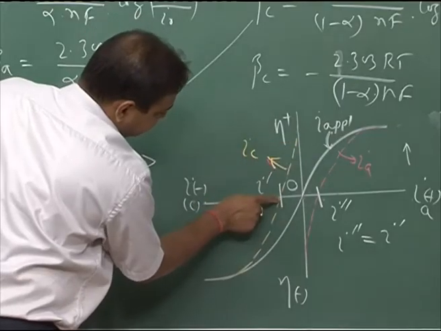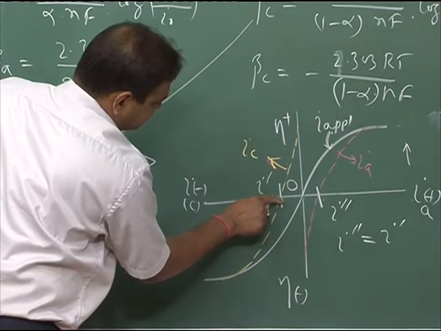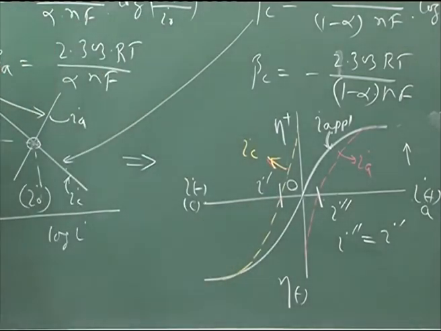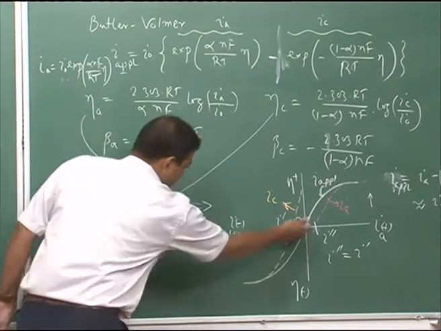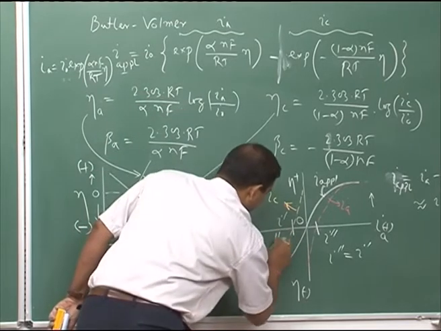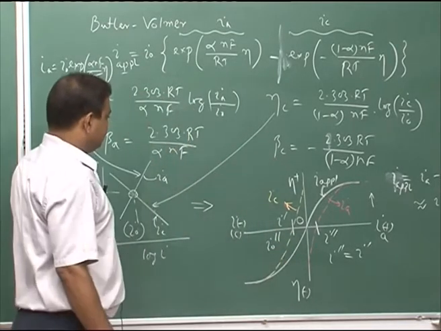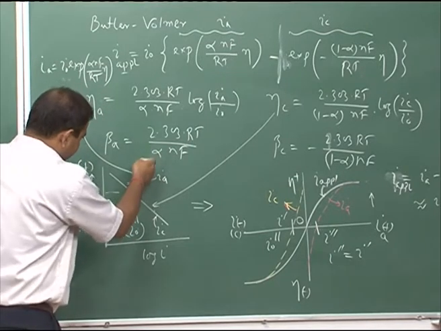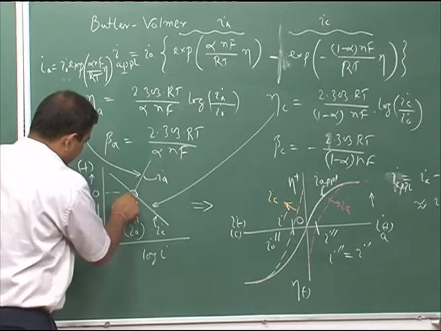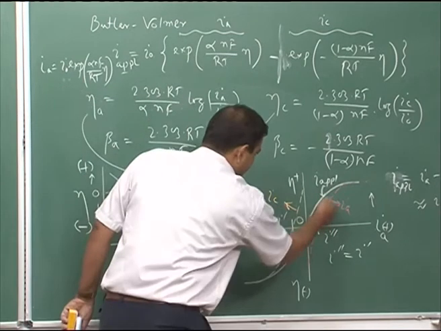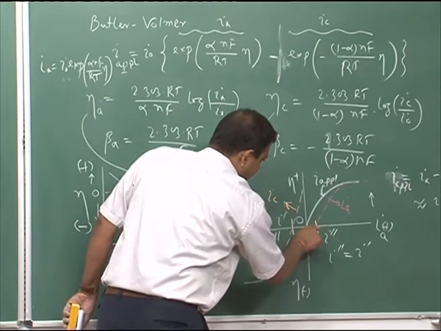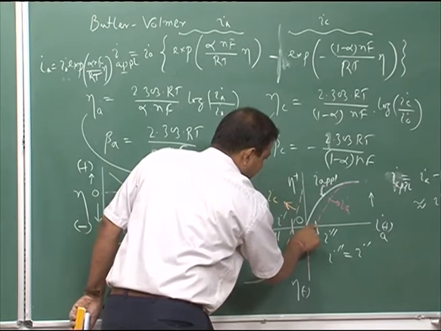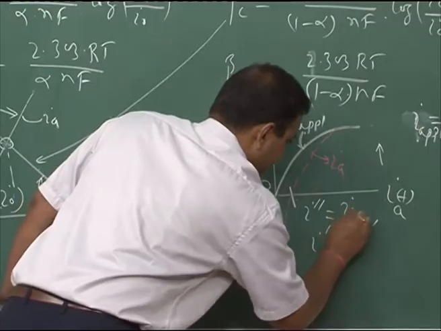So, the IC line is passing through this current density, which is I 0 at 0 over voltage. Same thing if we consider the IA line, it is passing through I 0 at 0 over voltage at this point. So, this is equal to I 0.